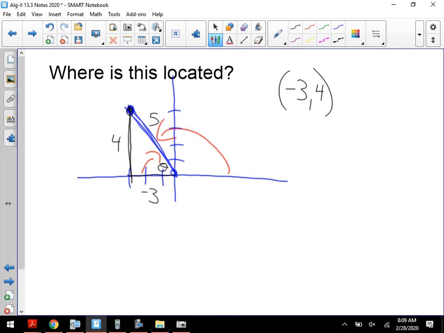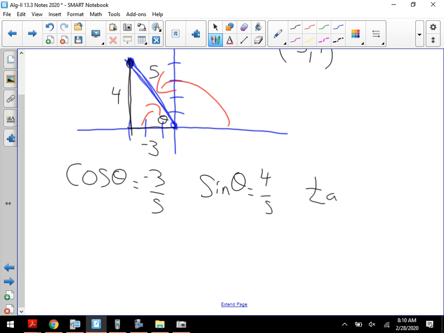So what is the cosine of theta here? -3/5, good. What is the sine of theta here? 4/5. What is the tangent of theta? What's tangent again? Opposite over adjacent, so it'd be 4/-3. I think you said it the other way. Okay.